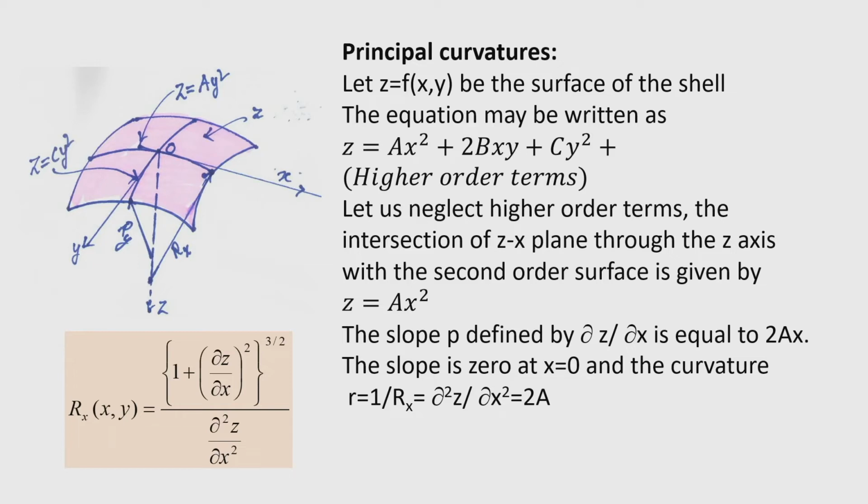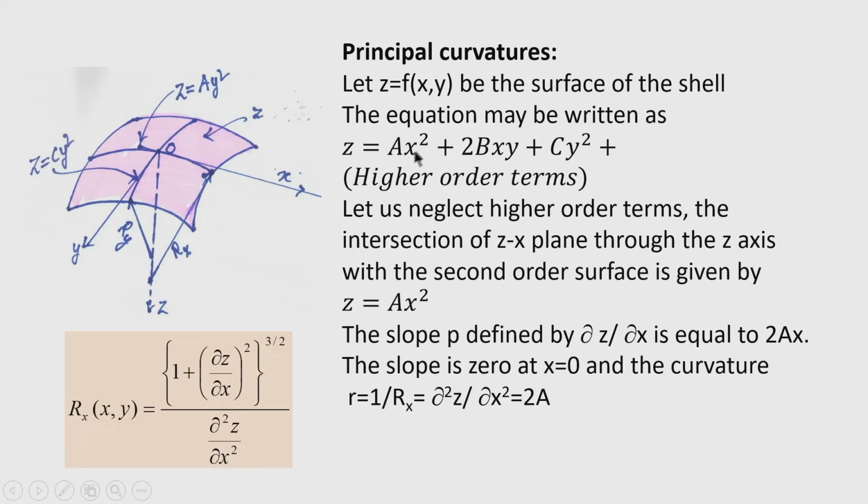So, z equal to f x y, if it is expressed in polynomial form, generally it is curved, so it will be a nonlinear function. So, let us express this in terms of a polynomial.